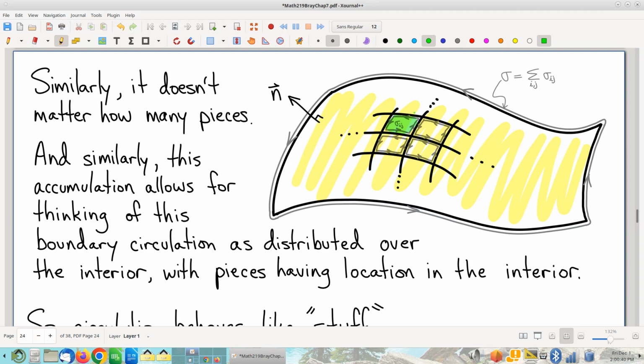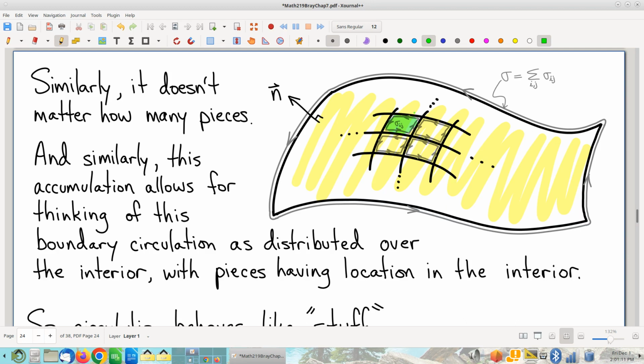You just look and see how much mass is literally in that little piece. And I'm making the observation that this is true for any accumulating quantity. And if you want to know boundary circulation for this big piece of surface, if you want to know how much of that is happening in this little piece of surface, just compute it. We would literally compute the boundary circulation for that little green piece. That's how much of the whole is happening there. It's a local thing, in other words.